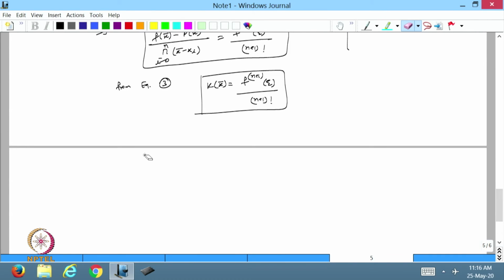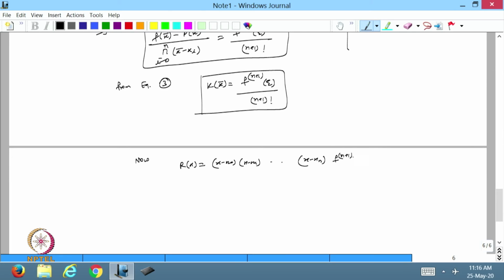Using this, R(x) can be defined as (x - x0)(x - x1) up to (x - xn), and k(x bar) is f^(n+1)(xi) over (n+1) factorial.